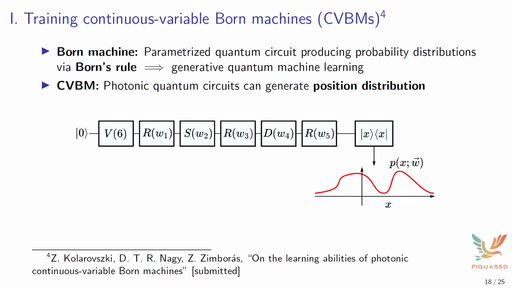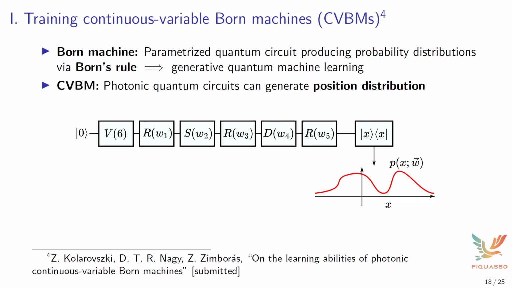But in photonics, you have continuous variables. That's why it's called CVBM, because continuous variable. It can generate position distributions, for example. As you can see in this illustration, you have these W weights in your quantum circuit.